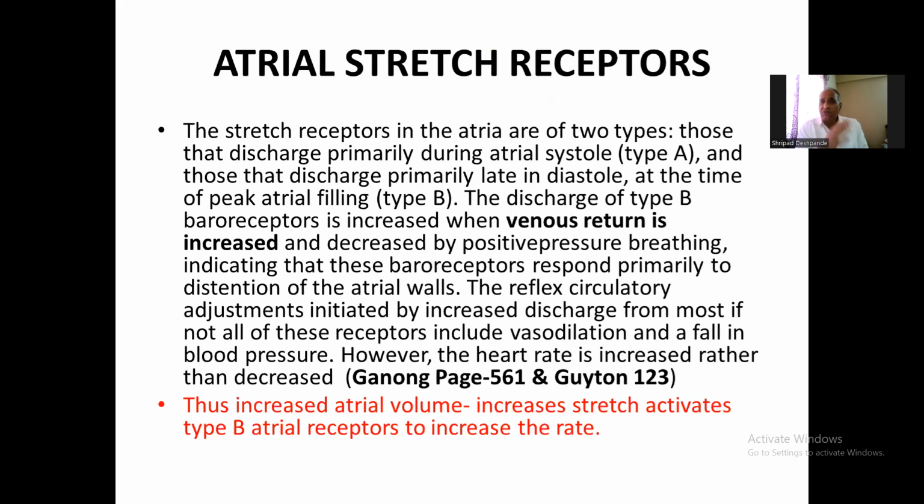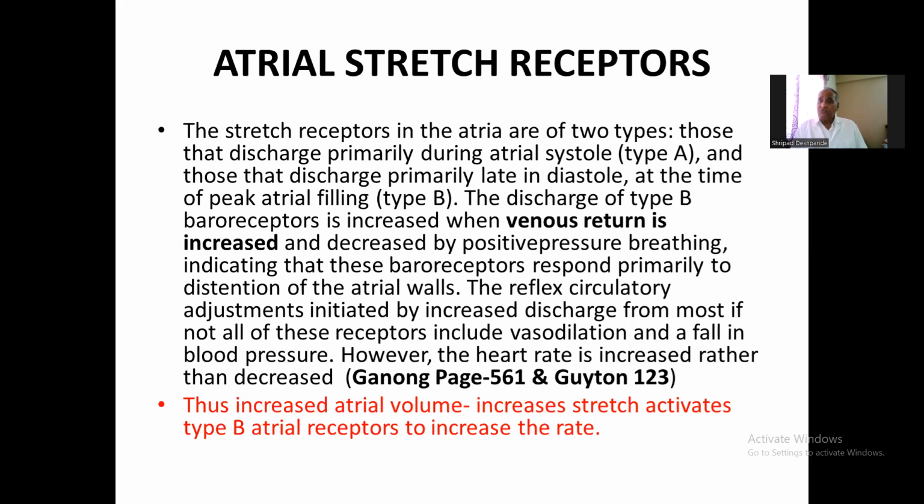I can read out some of these contents. I have taken it from Ganong and Guyton. The stretch receptors in the atria are of two types. Those that discharge primarily during atrial systole are type A, and those that discharge primarily late in diastole, where the atrial filling is taking place at the time of peak atrial filling, are type B receptors.